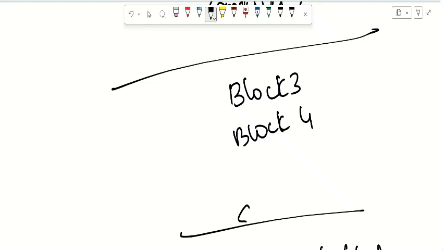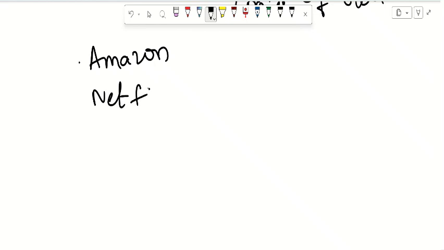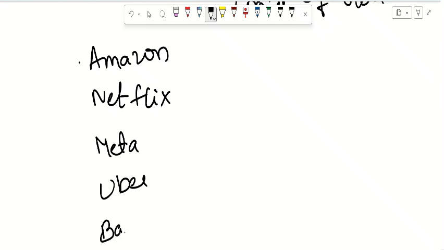Where is Hadoop used? Mostly by Amazon, Netflix, Meta, Uber, banks, and hospitals.